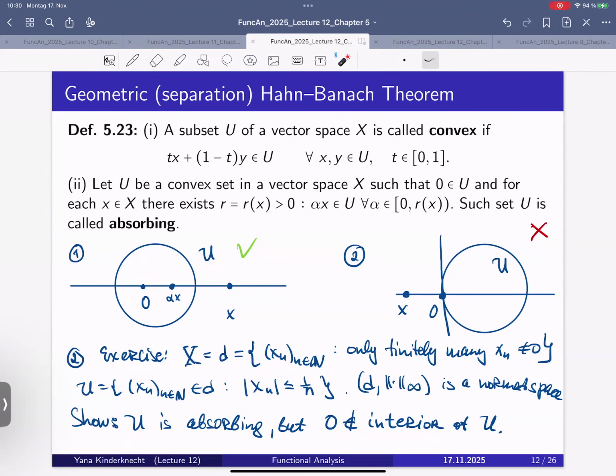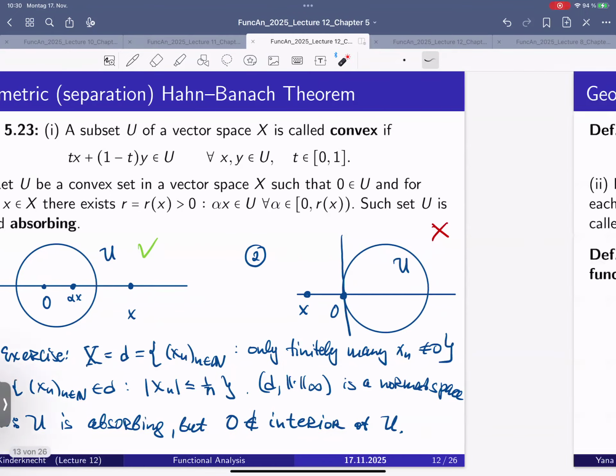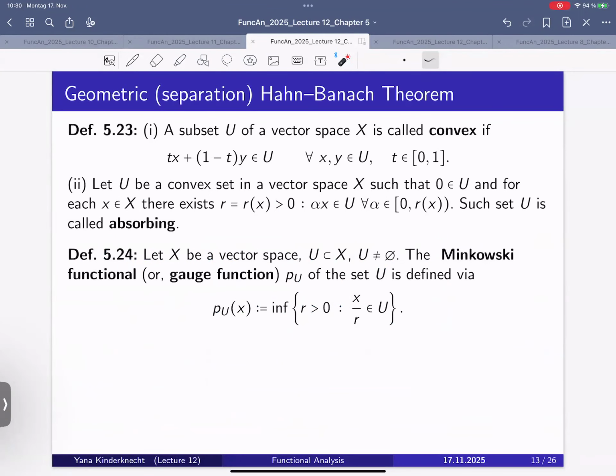Okay, so this is about absorbing sets. Now a definition. Let X be a vector space, and U a subset, just a subset of X, non-empty. Then we define the so-called Minkowski function or gauge function of the set U. It is defined as follows: at a fixed point x, this function is the infimum over all radii, positive numbers r, such that x belongs to rU.